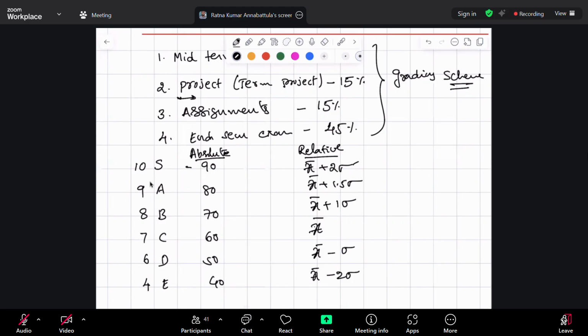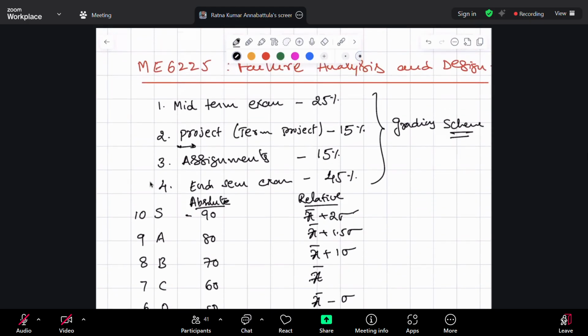So this is your chance to decide the grading scheme as well as whether you want absolute grading or relative grading. Once all of us agree, that will be cast in stone.